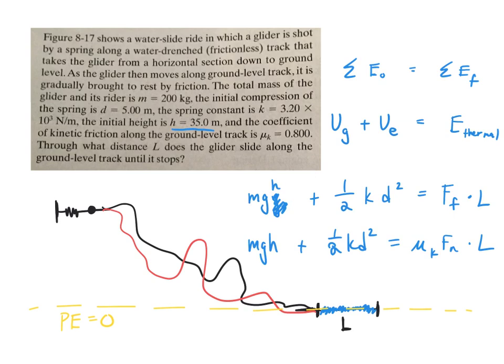Could you just write mg instead of that then? In this problem, yes. Fn becomes mg, and you would have to do that to solve it. I think they give you the mass, right? Yeah, look, they give you the mass here. So you would have to use mg instead. I'll underline all the givens in the problem.